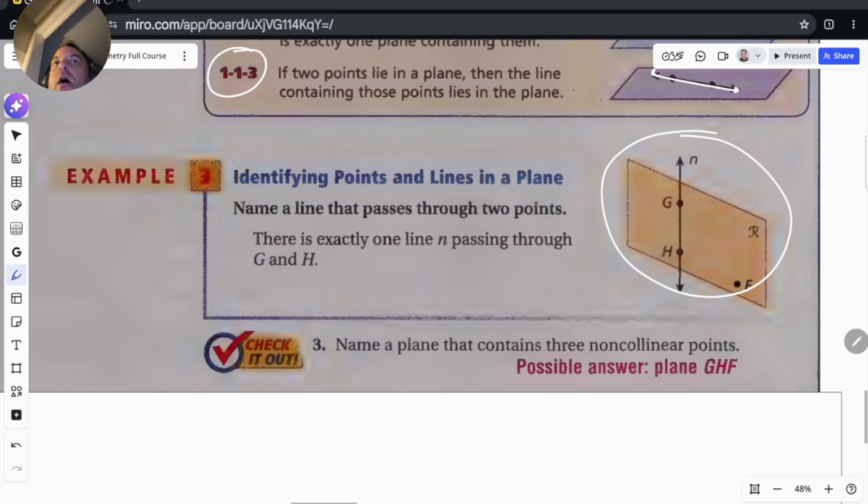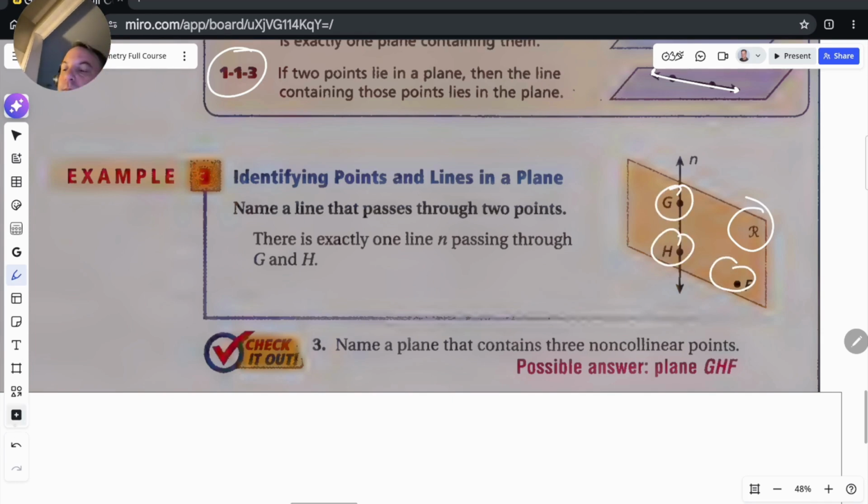This is plane R, written with a script letter R. And inside that plane, there are 3 points, G, H, and F. There's also a vertical line drawn through G and H, and that line is labeled with our lowercase n. So which line passes through the 2 points G and H? It is line n.